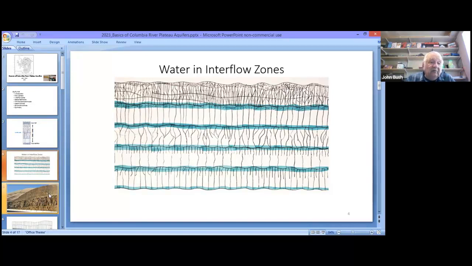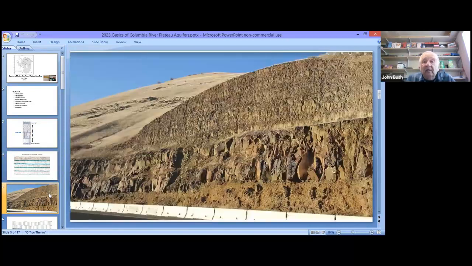Now, what does an interflow zone look like? Here's a photograph from down on the Lewiston grade. And this contact, where I'm following along with the cursor here, is between a very fractured, porous zone of scoria and loose basalt chunks at the flow top of the underlying Grand Ronde flow.